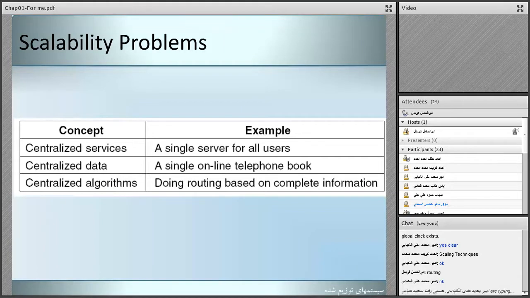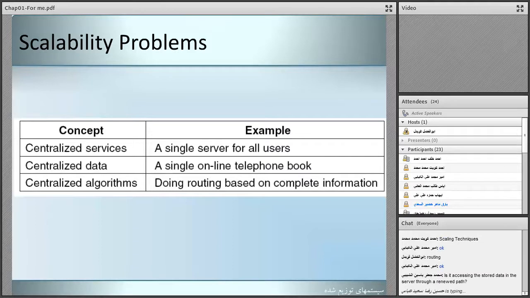Now assume we have different nodes in our system, in our network, and node 1 wants to send data to node 5, for example. Node 1 and node 5 are not directly connected to each other.